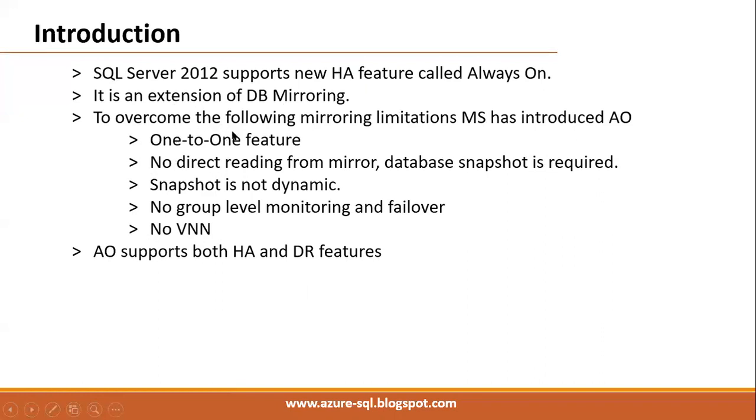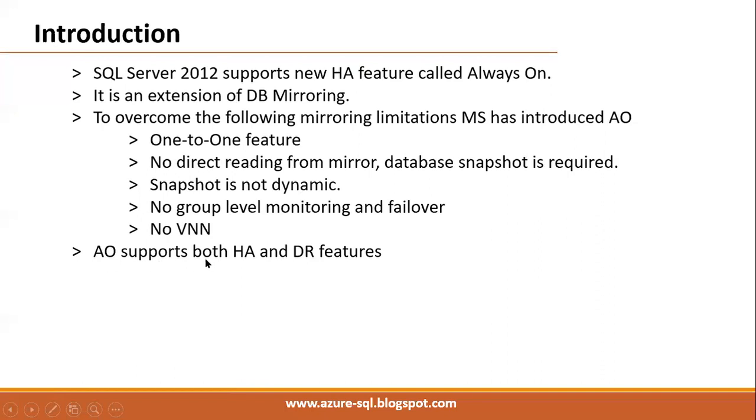One-to-one only; we have discussed all these limitations already. No direct reading from the mirror. A database snapshot is required, and the snapshot is not dynamic, so changes made are not visible. No group-level monitoring and failover, and no VNN, no virtual network name. These are the limitations we have discussed in the case of mirroring.